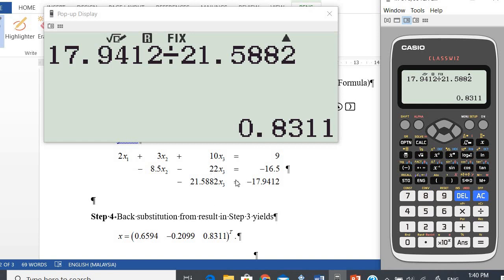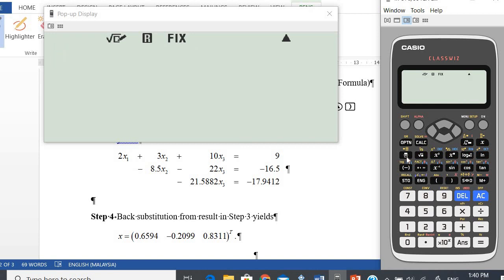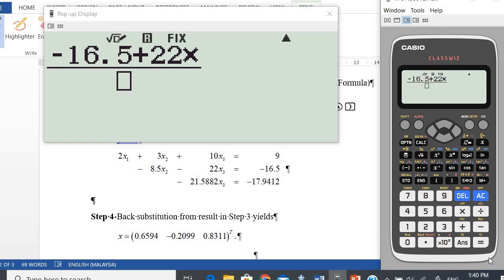Okay, to solve for x2, you have negative 16.5 plus 22 times the x3, which is here, 0.8311, divided by the coefficient of x2, which is negative 8.5.